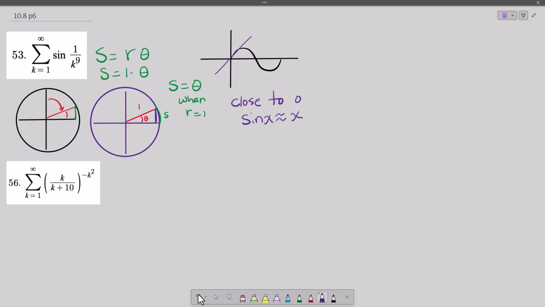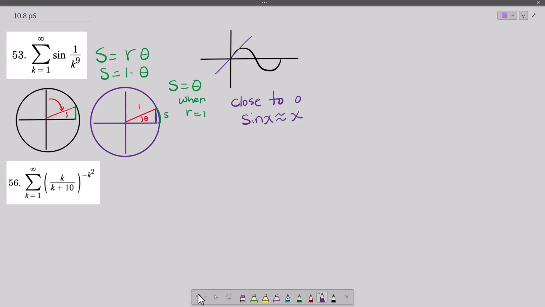So as this angle gets closer and closer, that arc and that vertical line look like they're the same height. Sine of theta and theta are about the same. Here, there is y equals x, there's y equals sine x. They become indistinguishable as you get closer and closer to the origin.